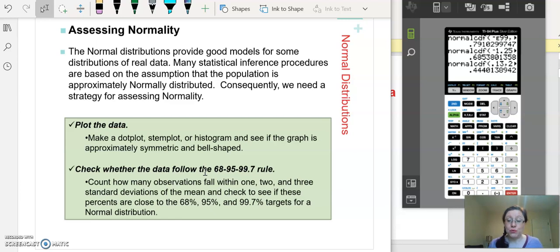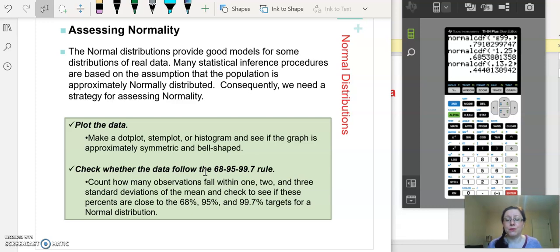And you have to see how many of your values fit within one standard deviation from the mean. If it's about 68%, great, then you will check within 2 standard deviations of the mean. And if that's about 95% of your data, then you'll check within 3 standard deviations of the mean. That should be almost all of your data, 99.7. It should be close. It doesn't have to be exactly 99.7, exactly 68, or exactly 95, but it needs to be pretty close.